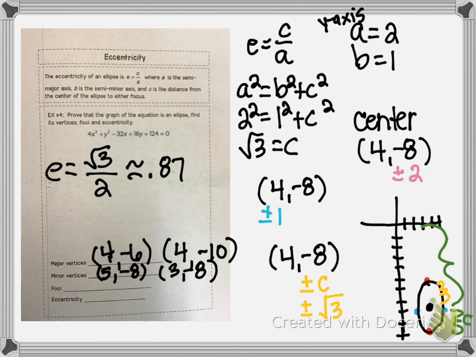So in this particular situation, I have 4, negative 8 plus the square root of 3, and 4, negative 8 minus the square root of 3.